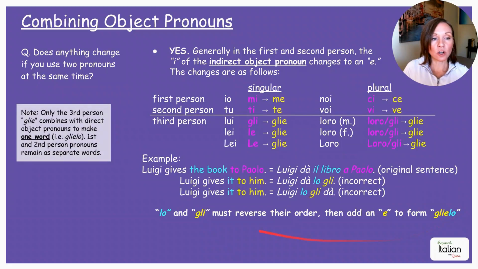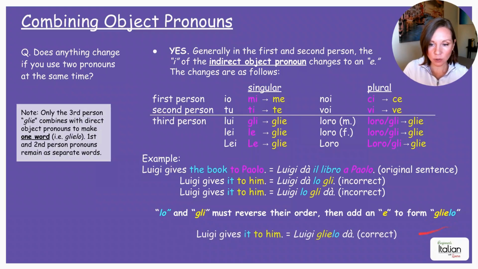Note only the third person glie combines with direct object pronouns to make one word, glielo. The first and second person pronouns remain as separate words. Okay, so these do not combine, but the indirect object pronoun still comes before the direct object pronoun, but they just do not form one word.